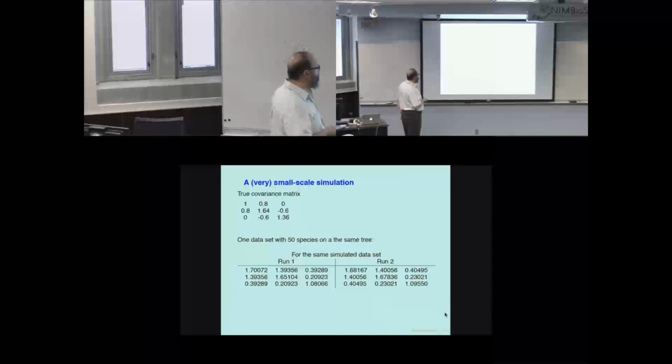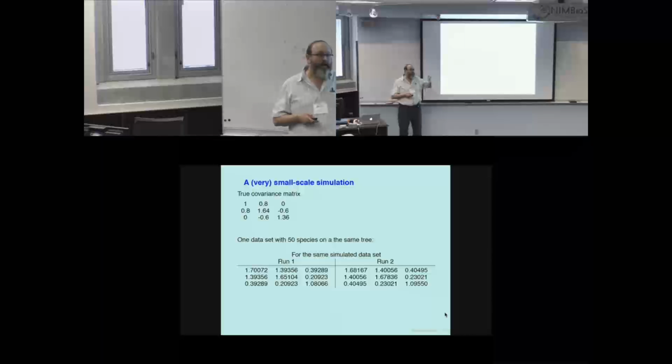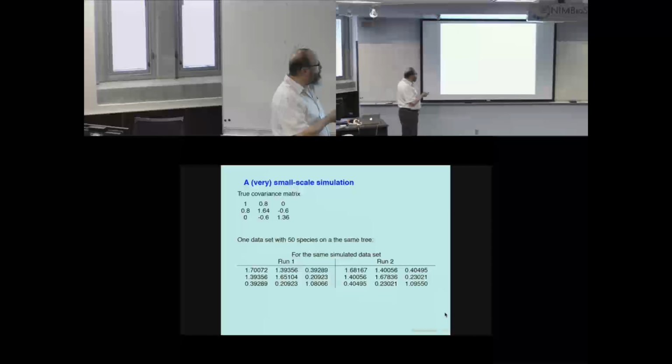I think that this is the wrong covariance. Okay, it's supposed to be 1, but it's 1.7. Why? Well, the characters, there's only 50 species on this tree. There's some noise in the estimation. But when we run the 2 times, we get something close to that 1.7 both times.